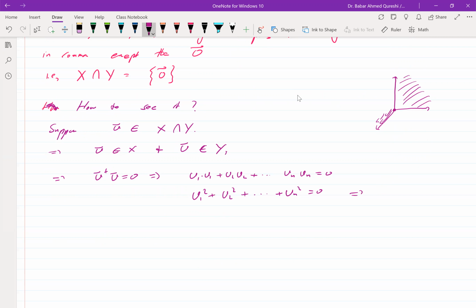This is only possible if all of these are zero, because they are positive numbers, being squared. They have to be zero. So V is the zero vector. The only common vector is the zero vector.